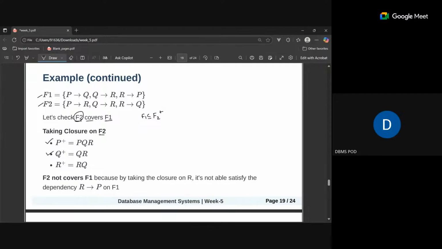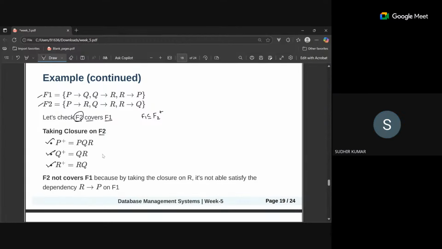There is one tutorial video for how to take a closure. And this one is also there, the last one, R plus is equal to R cube. How is it happening, sir?